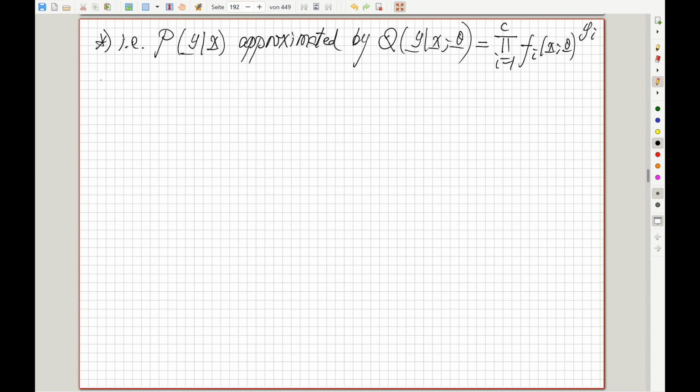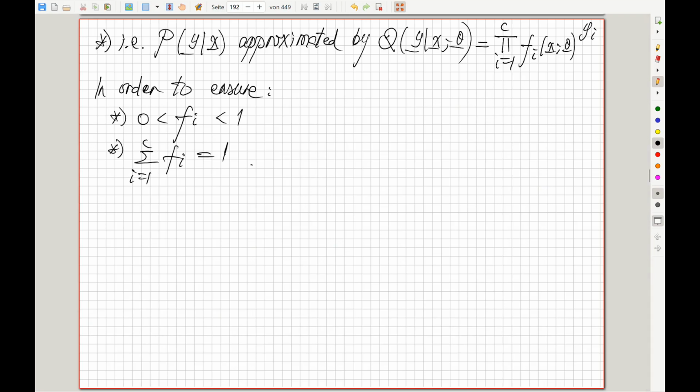So this is a softmax in order to ensure we have the properties, namely all the fi between 0 and 1, and the sum of all the fi is equal to 1, right? Softmax is used in the final output layer.